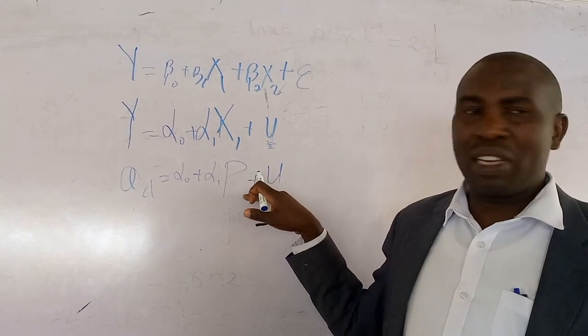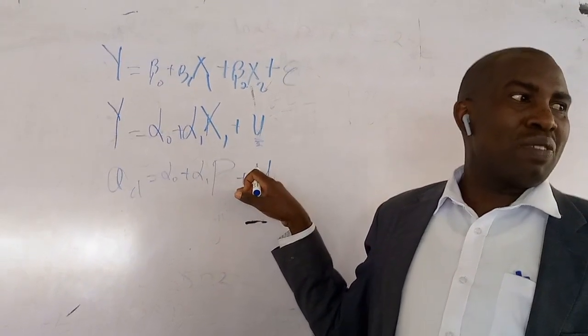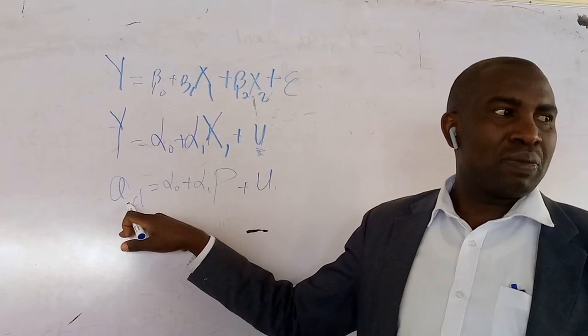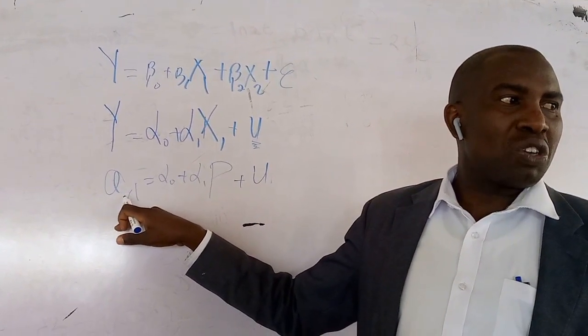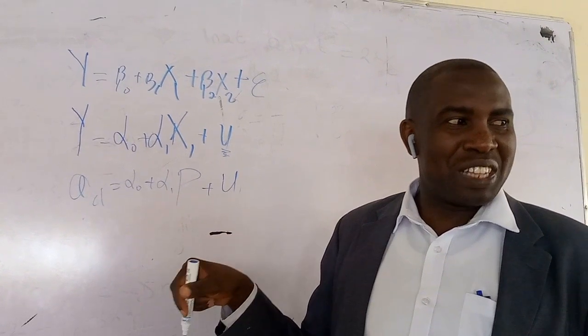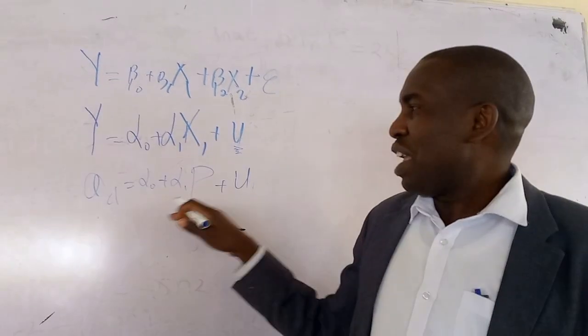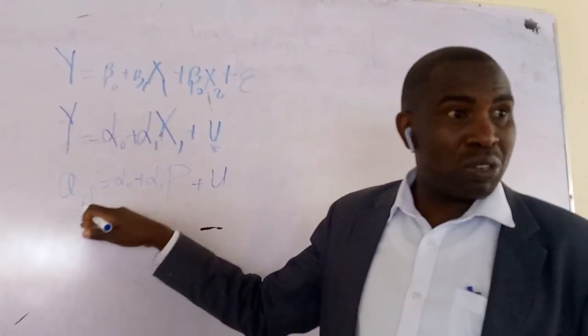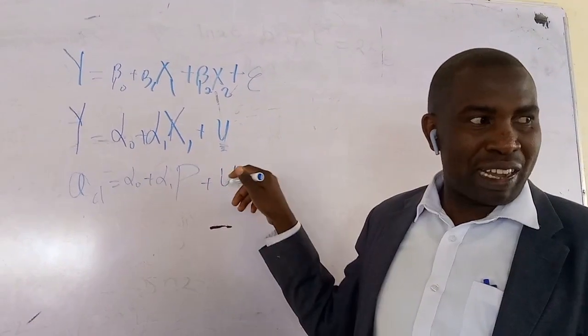So if it's captured in the error term, and the error term changes, do you think quantity demanded will also change? Because inside the error term, let's say it is income that is there. So if this error term changes, quantity demanded will change, because you have income here.